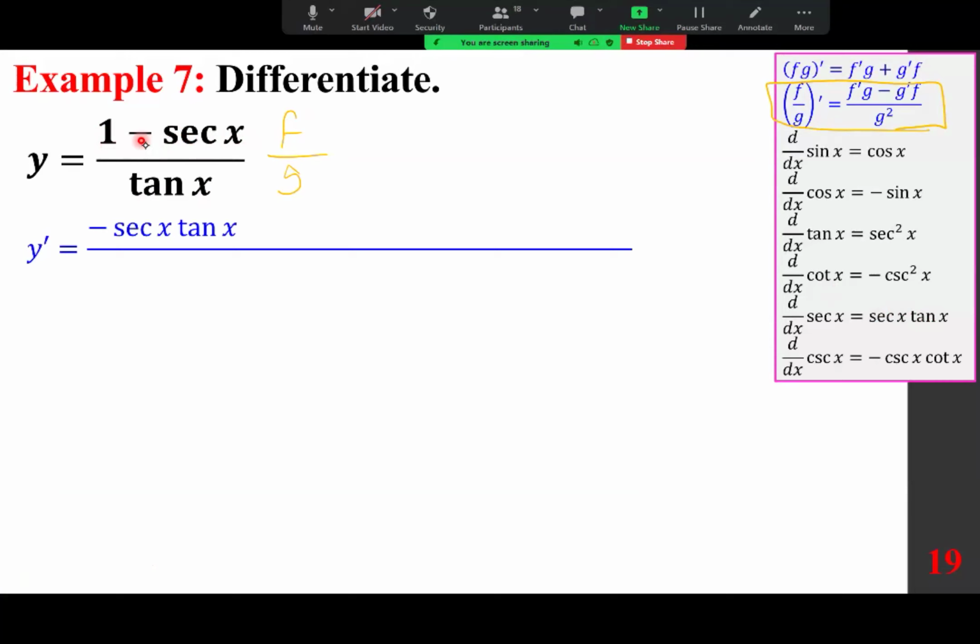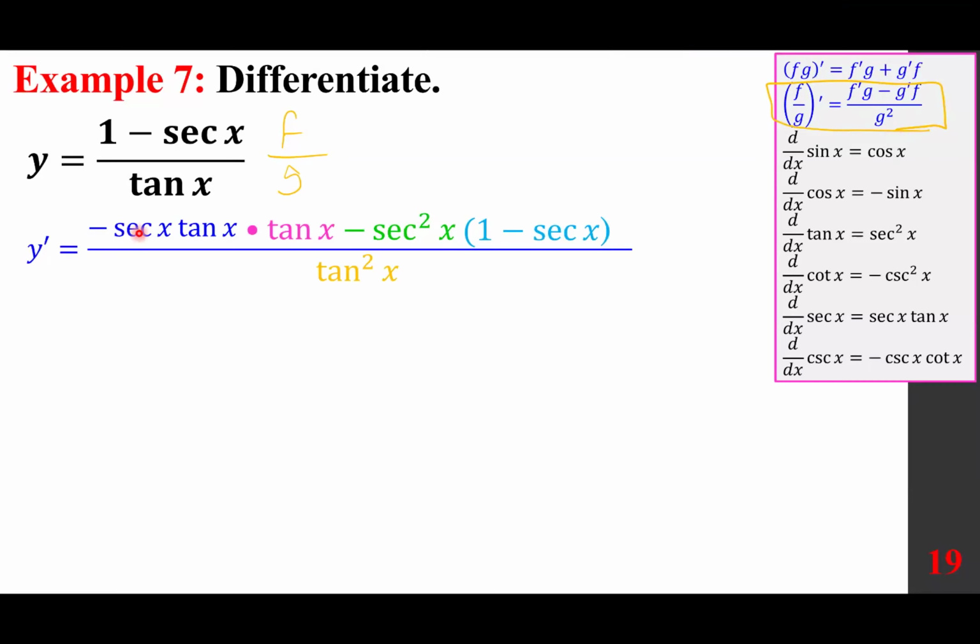This negative sign is because this one has a negative sign, times g, which is simply tan x, minus g prime, the derivative of tan x is secant squared, times f, the numerator, which is 1 minus secant x, and finally the bottom is g squared. Tan x to the second power means tan squared x. And again, done with calculus.